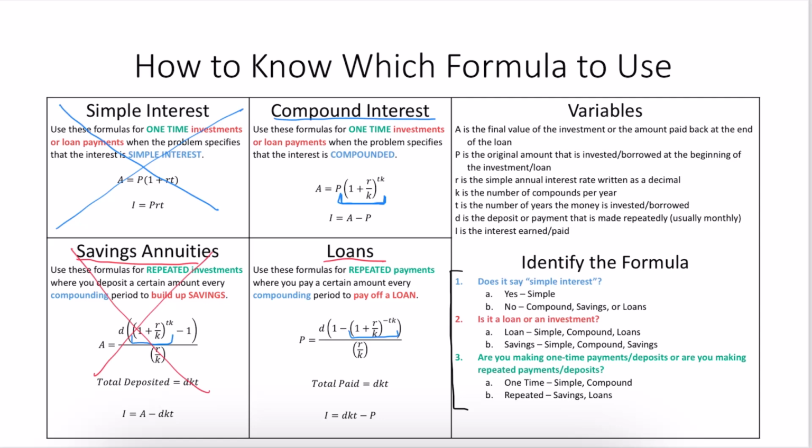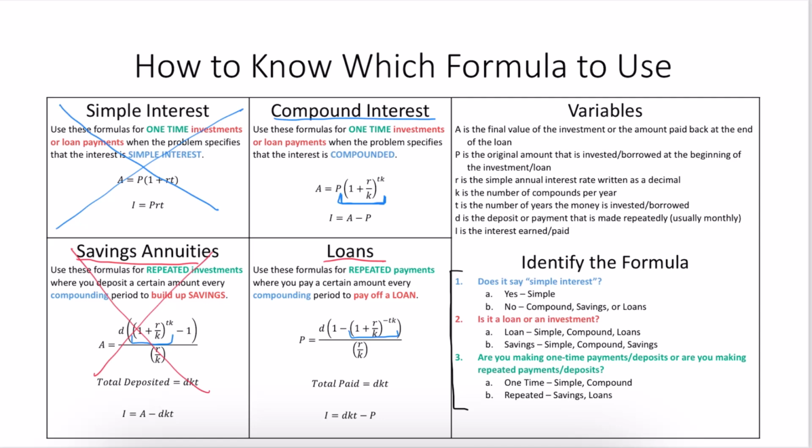So if it's a one-time situation, then it's going to be either simple interest or compound interest. And since we've eliminated simple interest in this hypothetical word problem we're thinking about, then we would use the compound interest formulas.